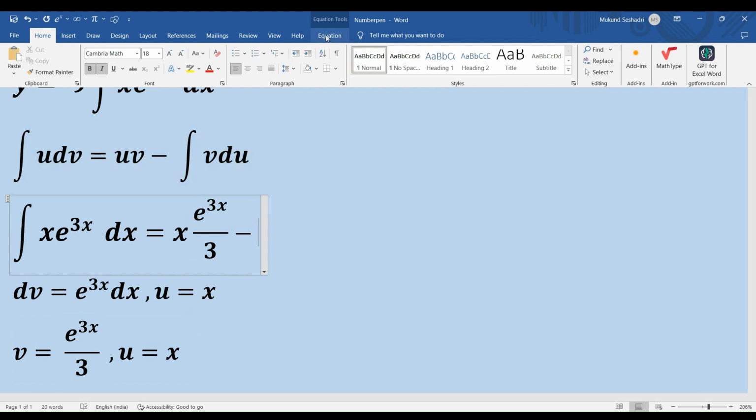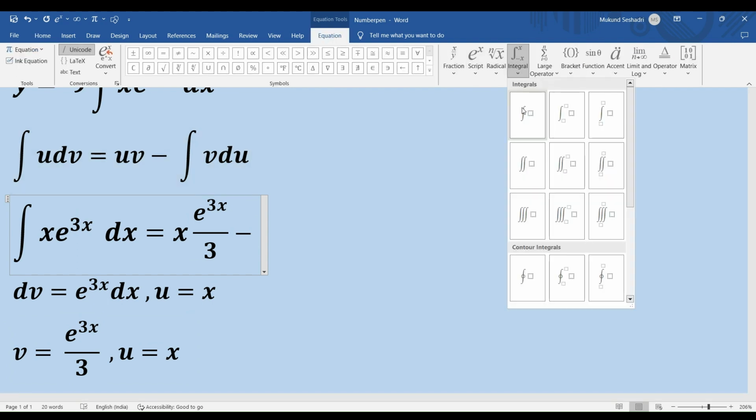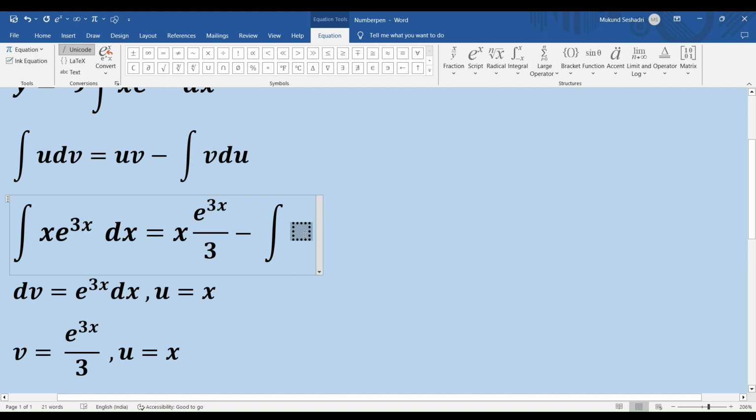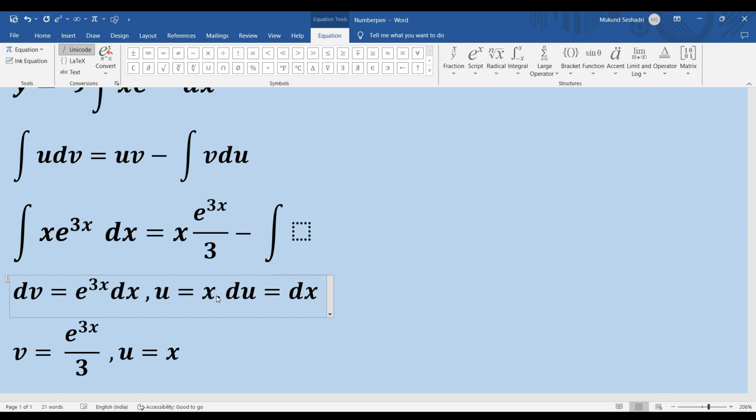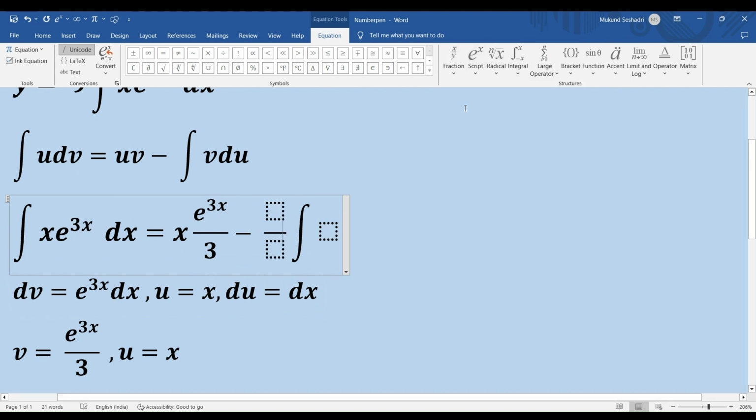Now that I know my v, I'll have to figure out what is my du, right? Now my u is x, therefore my du equals dx, right? Therefore, my integral of v du becomes 1 by 3 times, I pull out the 1 by 3, e to the power 3x, which is my v part, and my du is nothing but dx, right?